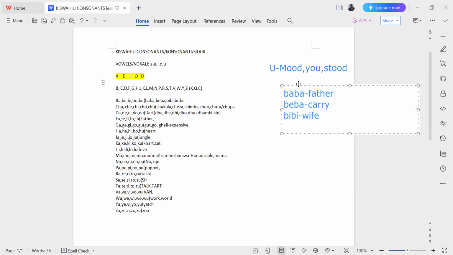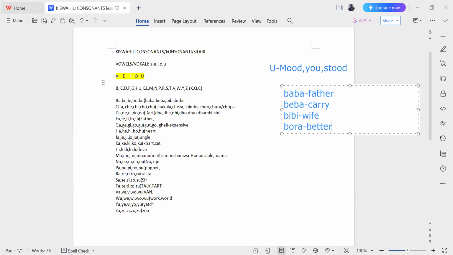Then bo is a very rare startup syllable in Swahili, but we have the word bora, which means better. Bora, better.